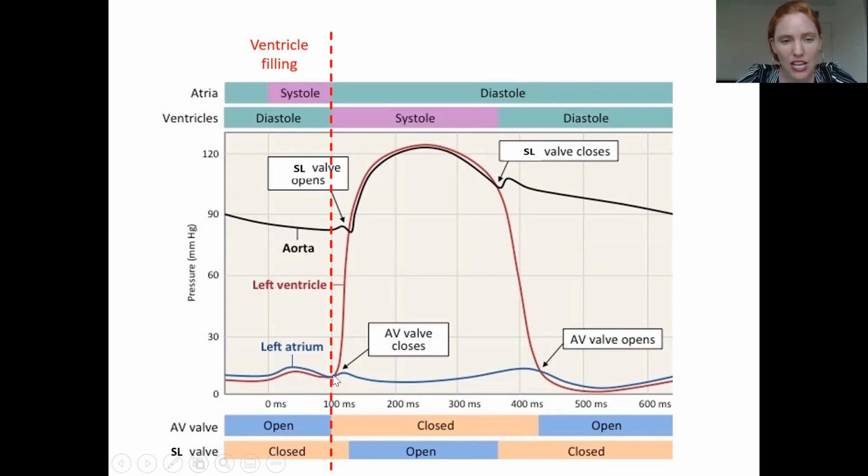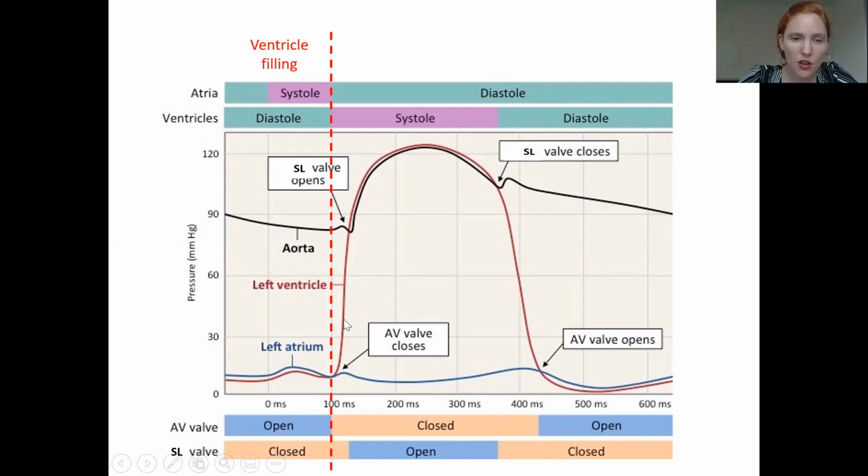So if the pressure in the ventricles is now greater than the pressure in the atria, what happens at this point? That causes the AV valves to close. At this point where the pressure lines cross, the AV valves are going to close.